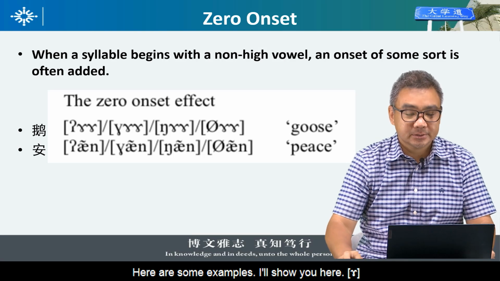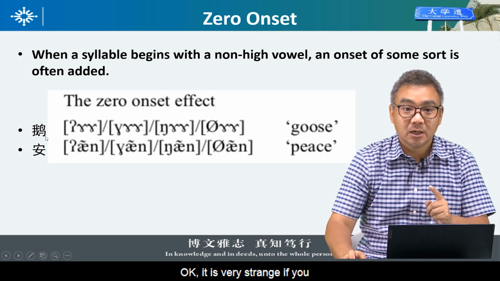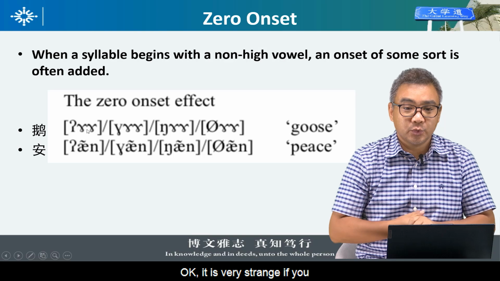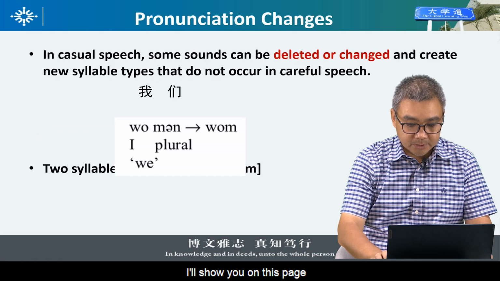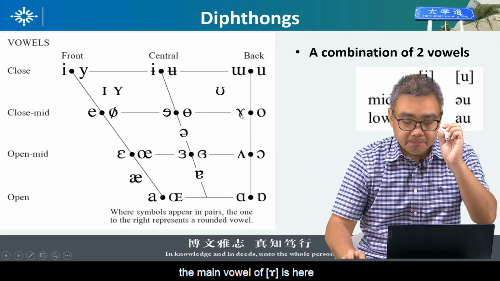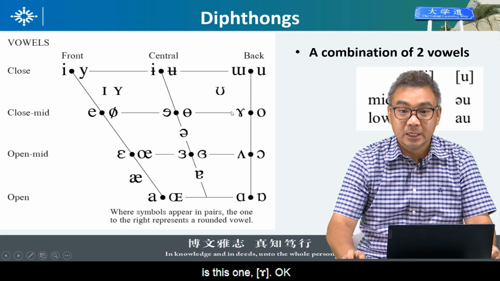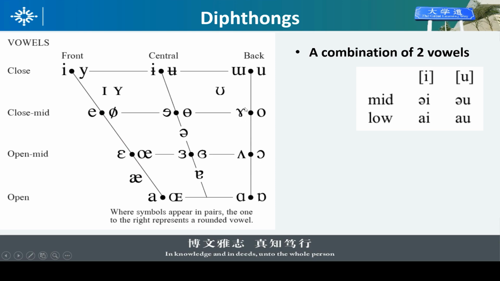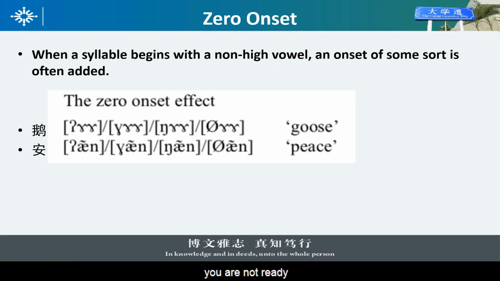Here are some examples. I'll show you here. Okay, if you pronounce the syllable, it is very strange if you only pronounce it, sorry, I'll show you on this page. Yeah, okay. The core, the main vowel is this one. Okay, you are not easily able to pronounce this directly, because you are not ready to start.